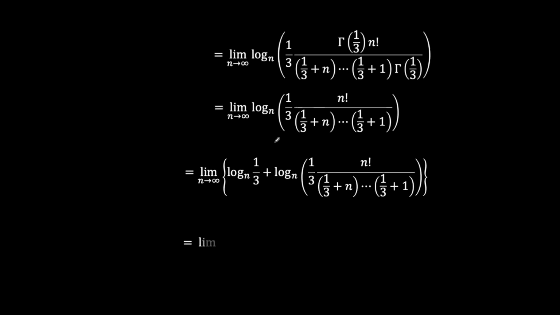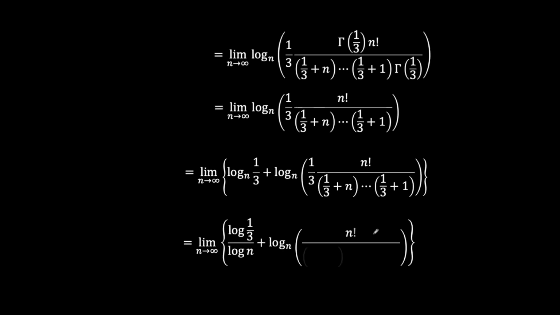So our focus now just becomes the limit of n tending to infinity of this second term here. In other words, n factorial over 1 over 3 plus n times 1 over 3 plus n minus 2 all the way to 1 over 3 plus 1.